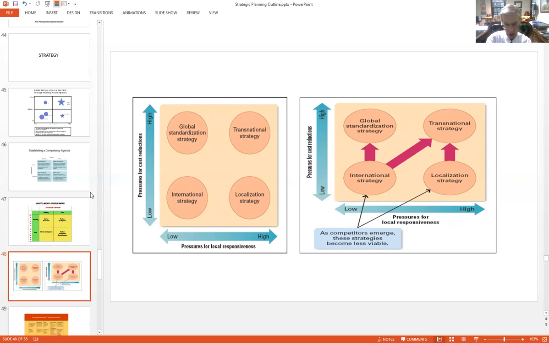An international strategy looks like global. However, the international strategy simply takes the home country business model and copies it around the world. The globalization model doesn't do that, doesn't necessarily do that.